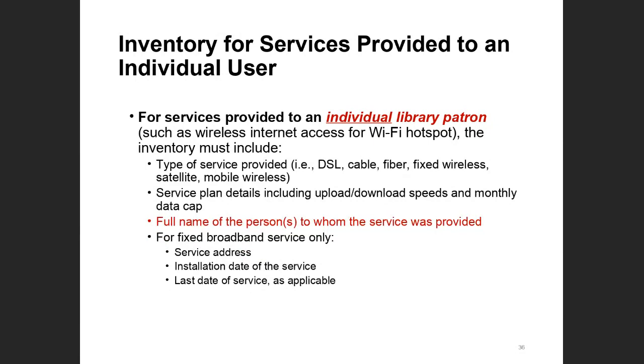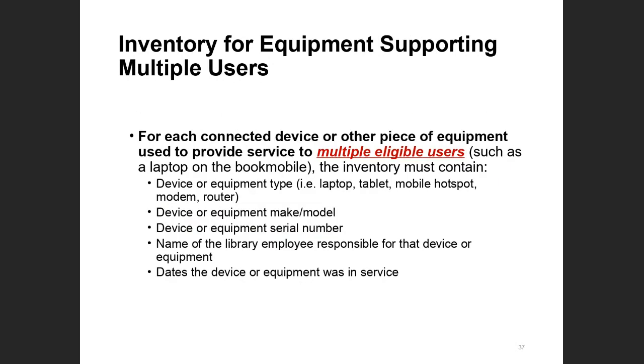If it's a fixed broadband solution, like paying for an individual patron to have cable or fiber internet set up at their home, then you would also have to keep the service delivery address, installation date of the service, and the last date of service. I don't think too many libraries would do fixed broadband solutions for individual patrons, but perhaps the demand is higher than I anticipate. I mostly think about this for Wi-Fi hotspots.